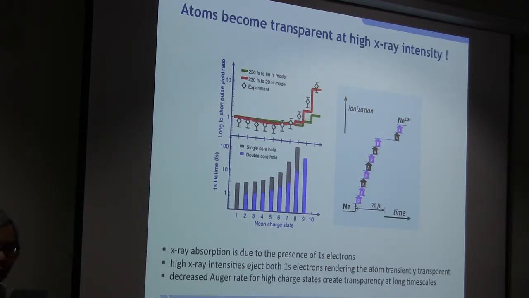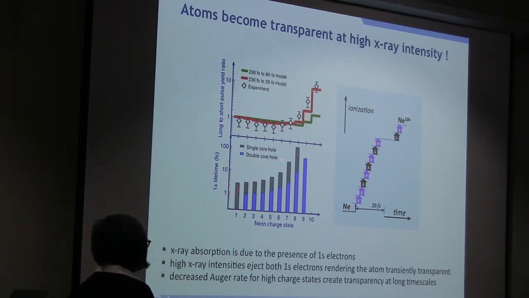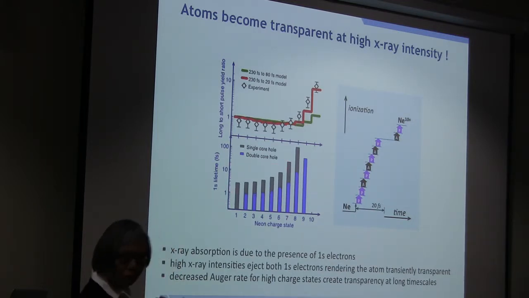But what about this weird time scale that we were talking about, 80 to 300 femtoseconds? Well, it turns out that the Auger rate changes dramatically when you go up to higher charge states, because there just aren't as many electrons out in the outer shells to do the Auger. So when you come out to charge state 7 or so, the Auger rate, instead of being a couple femtoseconds, is now on the order of 30, 40 femtoseconds.